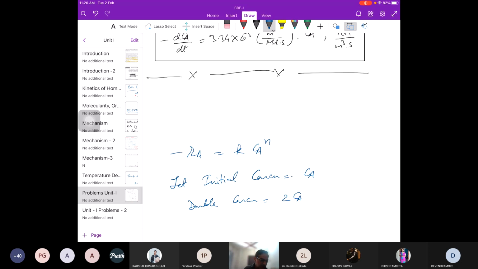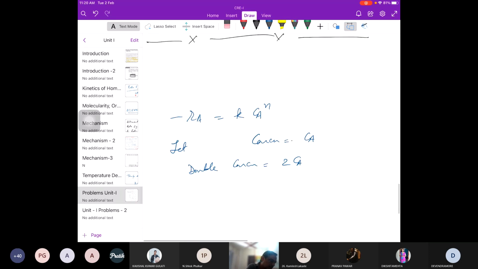So what it says is when I double the concentration, it's not initial, that concentration equal to Ca. So if I double it to 2Ca, my rate becomes 3 times, right?